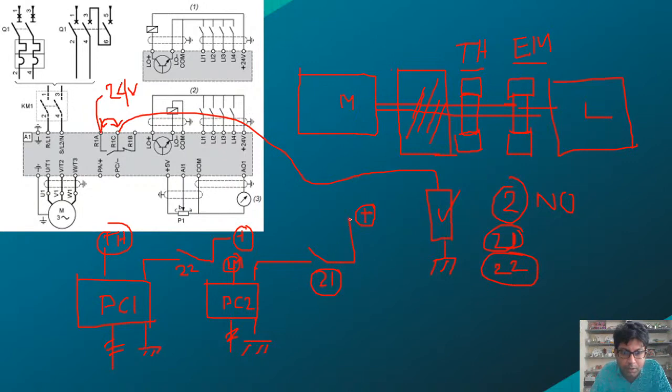Then the coil supply of the power contactors will be getting through this, and both contactors will be closed, and the electrical supply will be extended to the thruster brake and electromagnetic brake. Once the supply is extended, it will oppose the spring preloading, and this brake shoe will release, and the motor will start to drive the load.